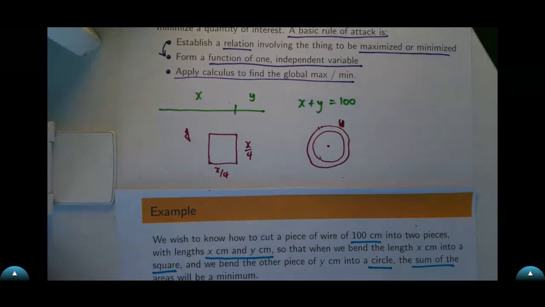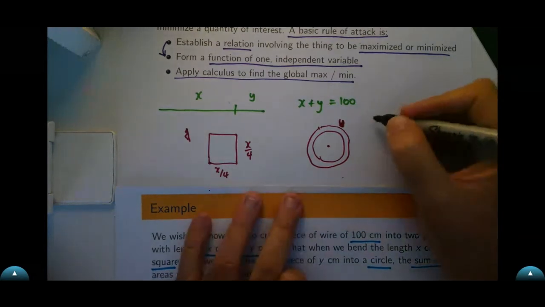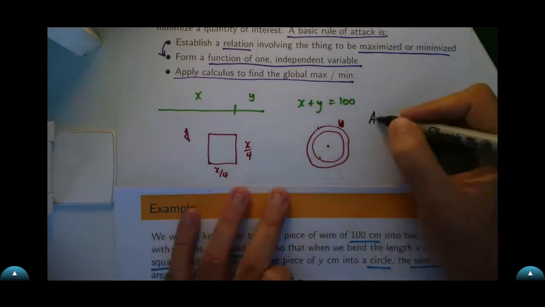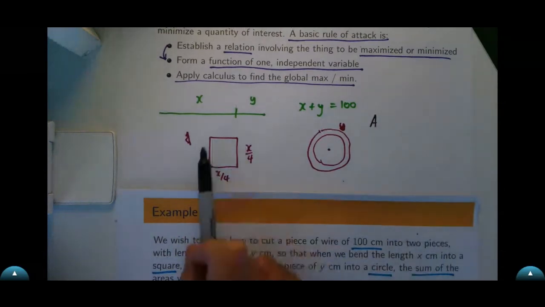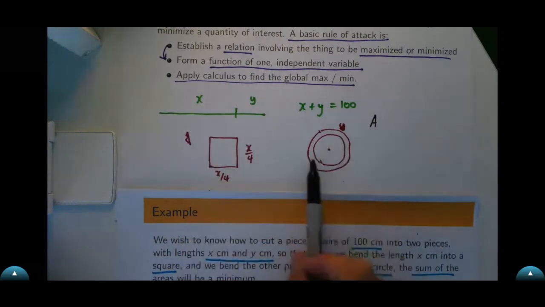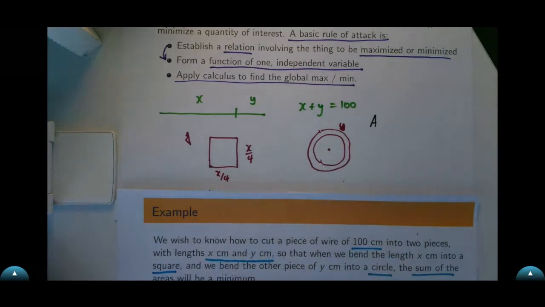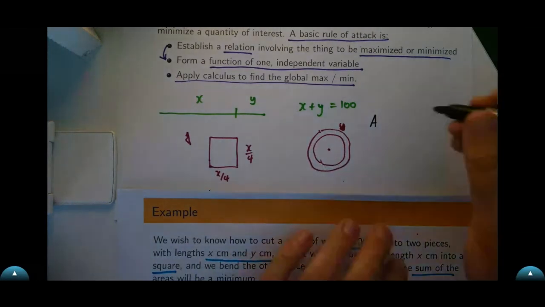Okay? So the area is just going to be the area of this square plus the area of this circle, right?